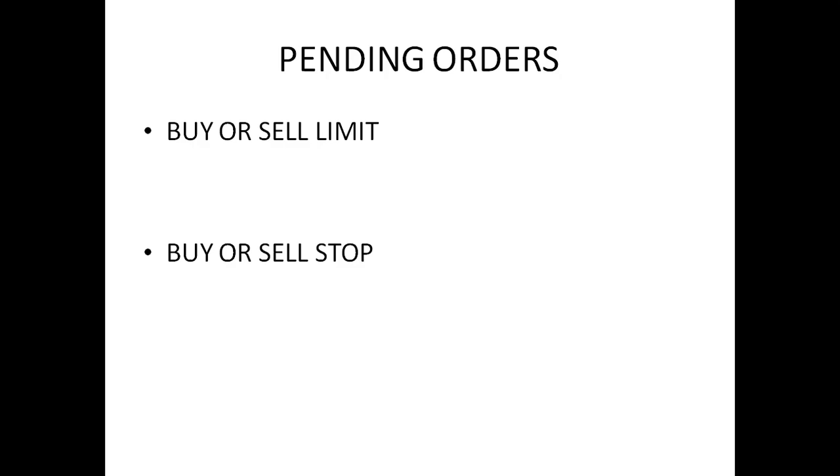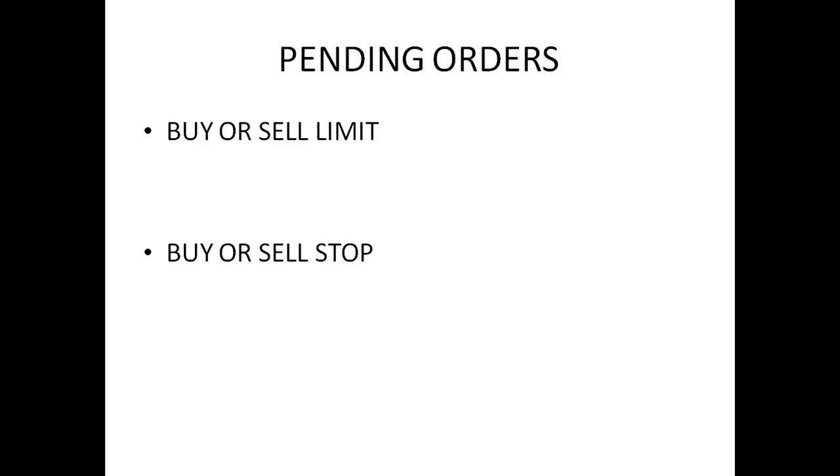Pending orders are orders that you place on hold, expecting the market to reach a certain level before it is automatically converted into a live order. When you put a pending order, it means you are not yet in the market. You are telling the system that when the market gets to a certain level, it should take you into the market. We will explain these terms going forward.